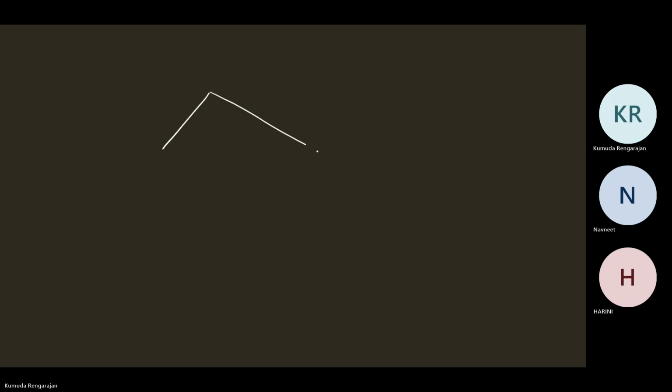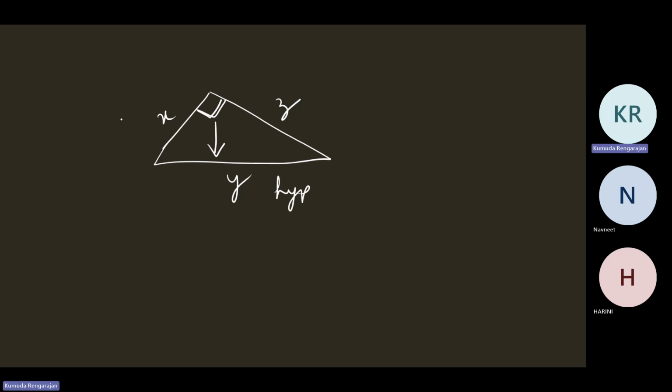See here, a right triangle. If this is called X, this is called Y, and this is called Z. Now this is the right angle. So opposite the right angle, this is the hypotenuse. These are the legs. So you can take one side as the base, the other side as the perpendicular. Any base and perpendicular can be exchanged.